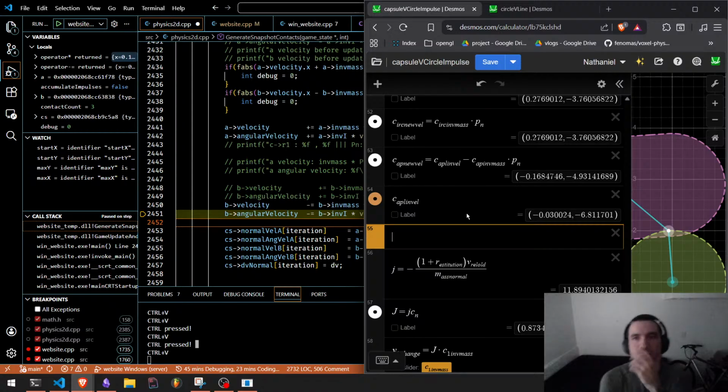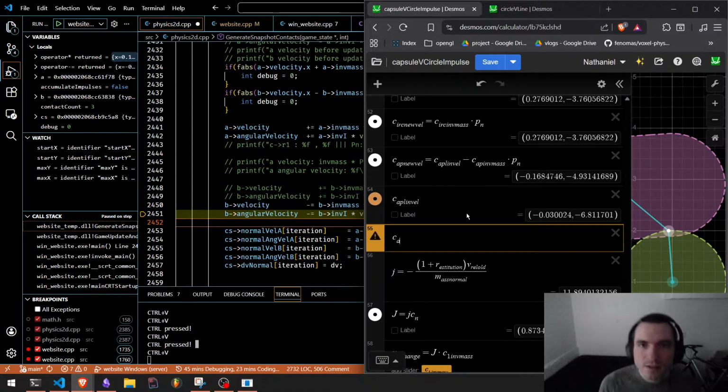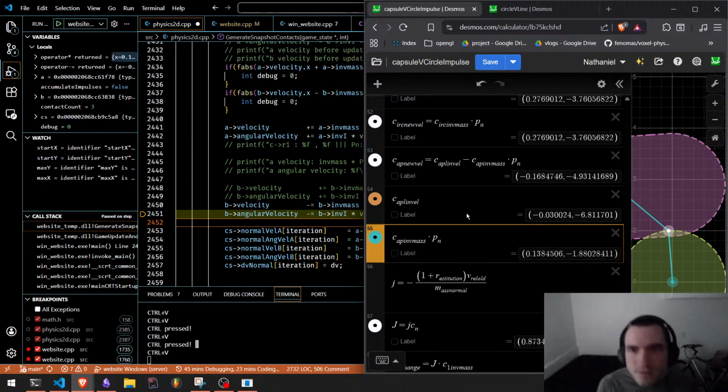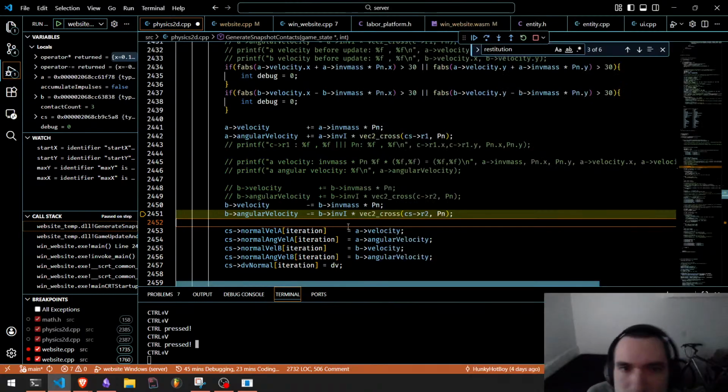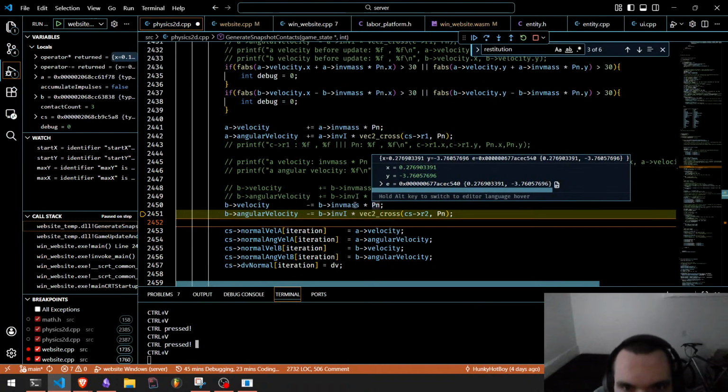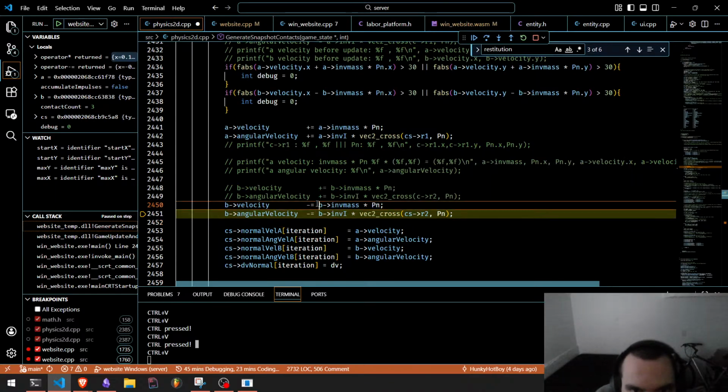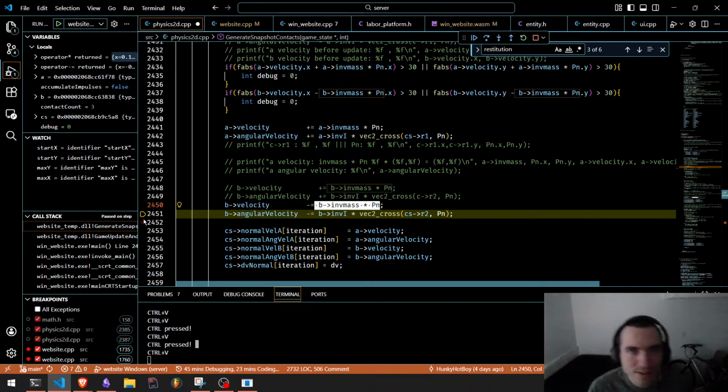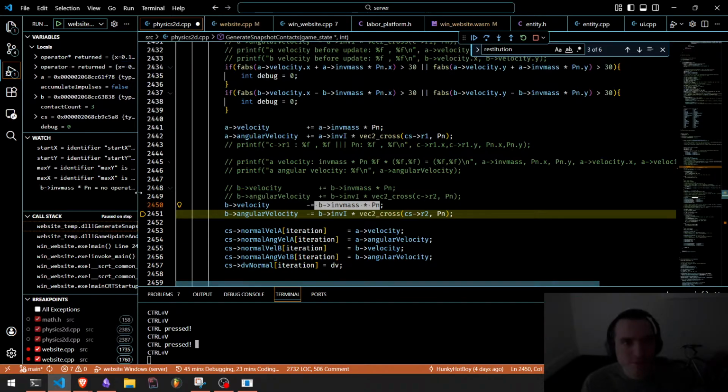Print it out down there. Just set up the debugger.